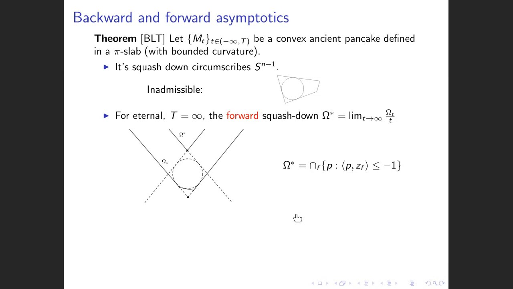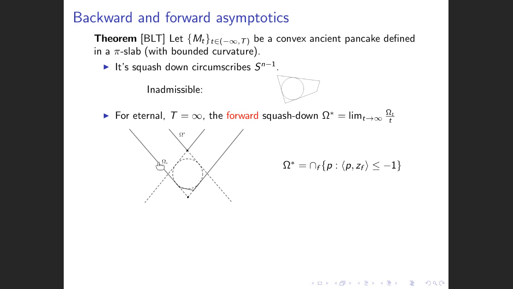Moreover, a further interesting property is that for an eternal solution, you can also consider the forward squash down. I take the same limit, the same ratio, Omega_t over t, but now I let t go to plus infinity. It turns out that the forward squash down and the backward squash down have a very nice relation.